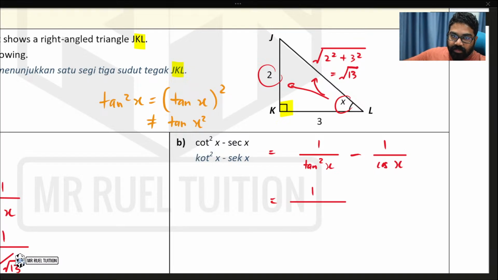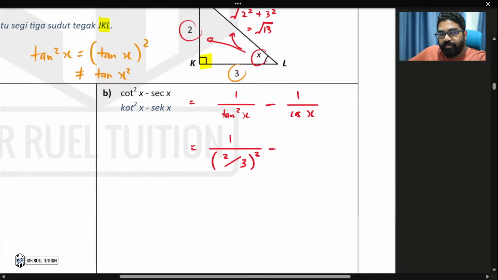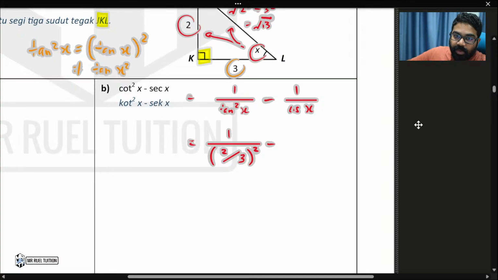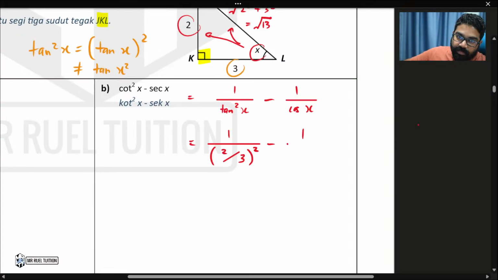What is tangent? Opposite over adjacent. So 2 over 3. So this one will be 2 over 3 squared, and then minus 1 over cos. What is cos?